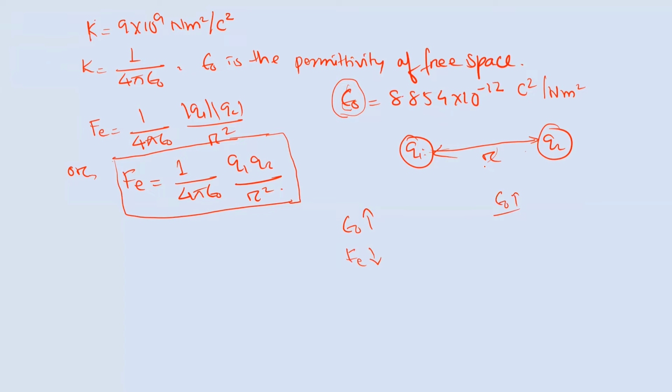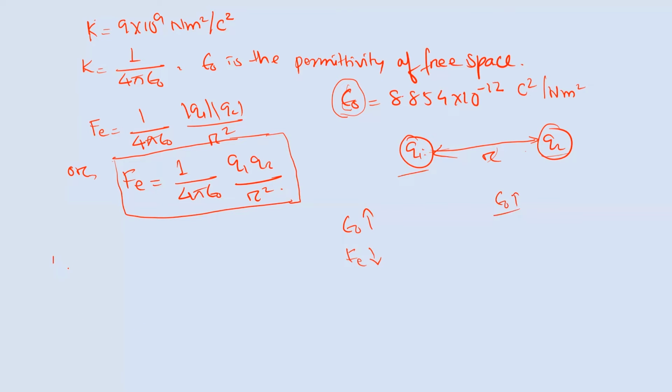In case of vacuum, the permittivity is very less, so the force is more. So permittivity is nothing but that quantity which determines how far the medium will permit the electrical interaction between the two bodies. Clear? I hope this is very clear to all of you. Next we will see a few more things related to this. Till here I think we haven't discussed anything very complicated.